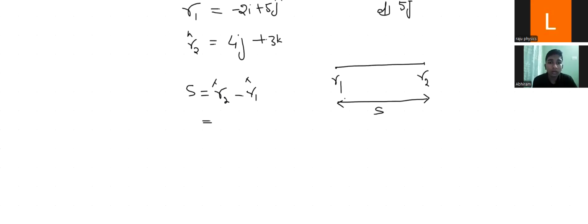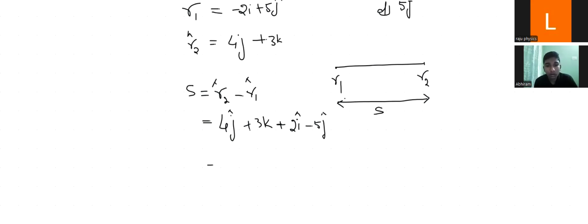What is R2? R2 is 4j cap plus 3k cap. Minus R1, which is minus 2i cap plus 5j cap, so 2i minus 5j. Now you are subtracting.